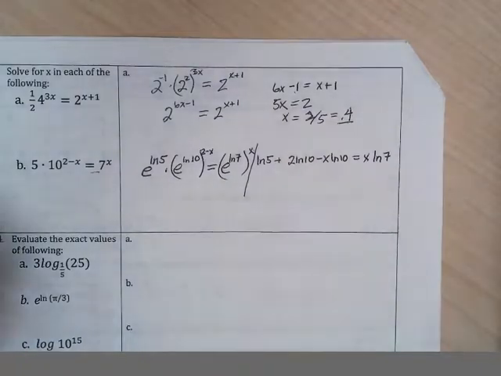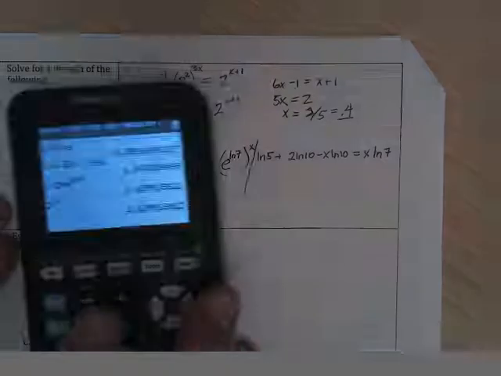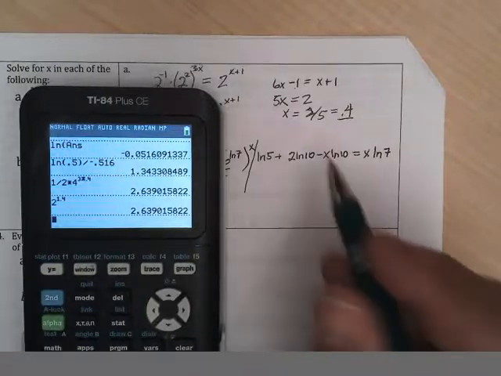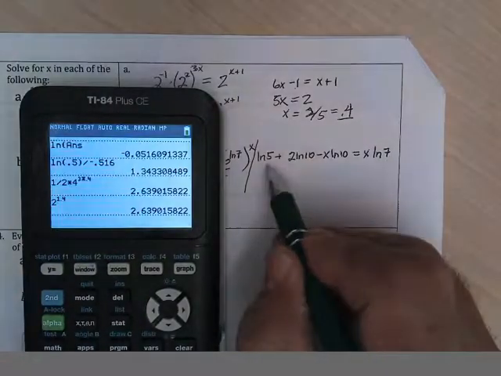Okay, now these ln's are just numbers, so this might be the easiest for you at this point to do.